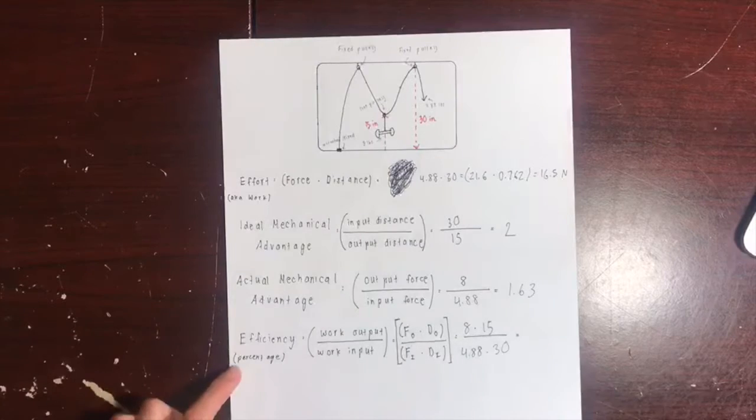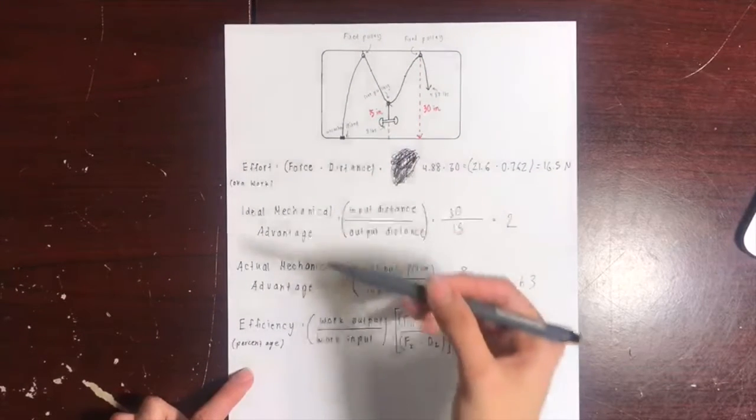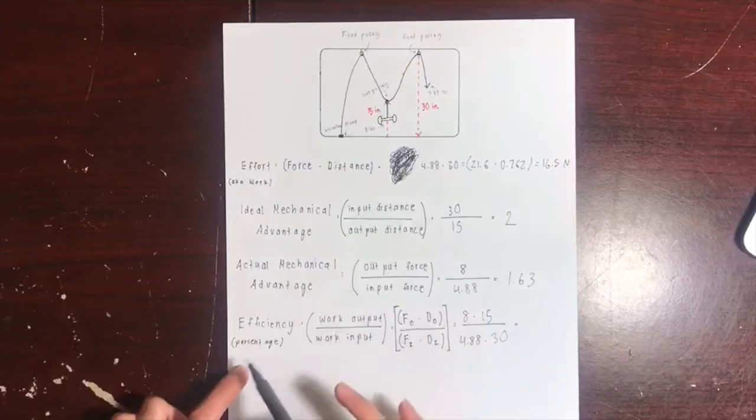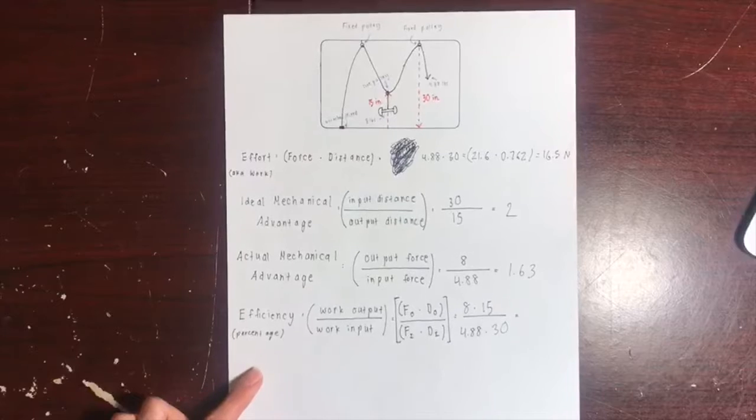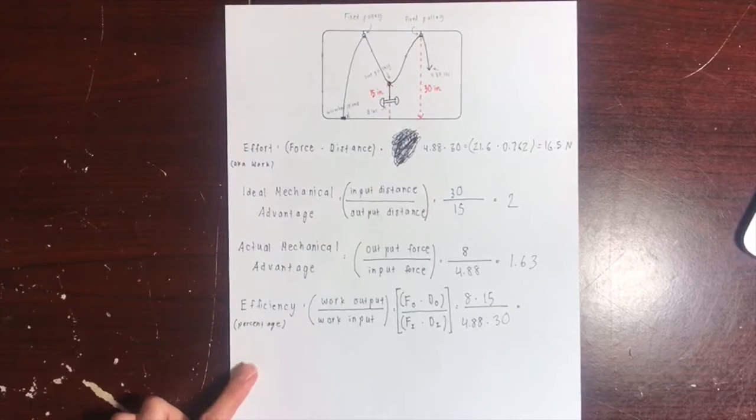I'm not going to convert these numbers into standard units because ideal mechanical advantage, actual mechanical advantage, and efficiency are basically just ratios to show you how useful your machine is.